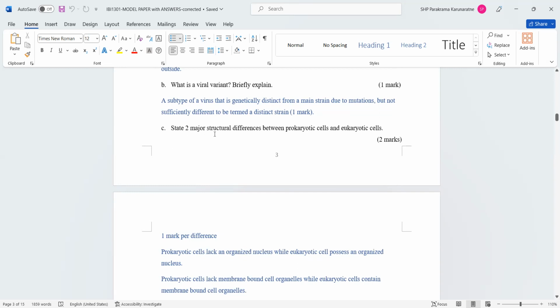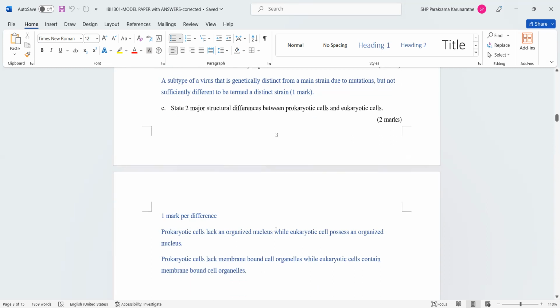And then: state 2 major structural differences between prokaryotic cells and eukaryotic cells. You should be clear about these 3 things: virus, prokaryotic cells, eukaryotic cells. Prokaryotic cells are bacteria. So here the question is between bacteria and eukaryotic cells in higher organisms, right? Prokaryotic cells lack an organized nucleus, whereas eukaryotic cells possess an organized nucleus.